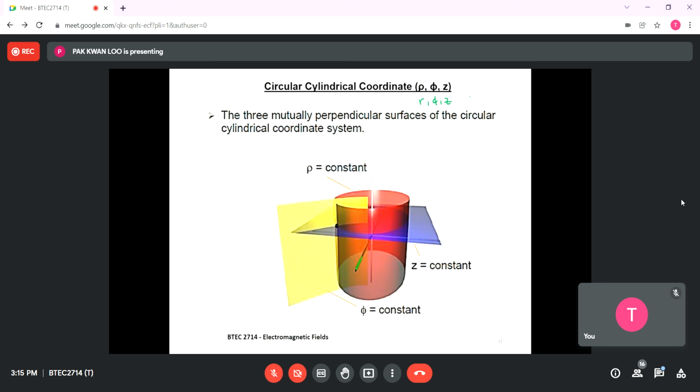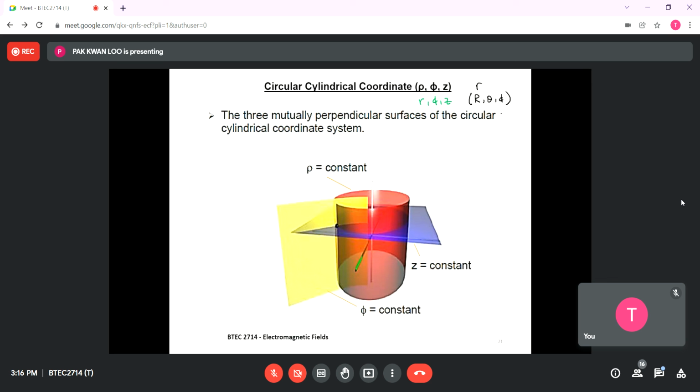For spherical, we also have a radius. For spherical, we always use capital R, theta, and phi. So can I use small r? Yes, you can use small r as well.